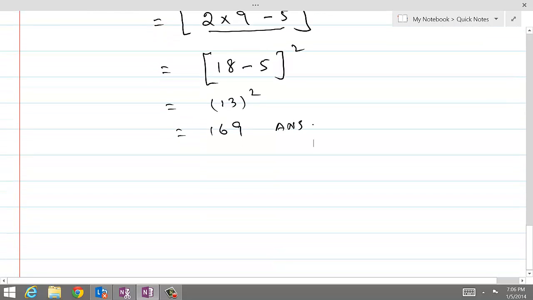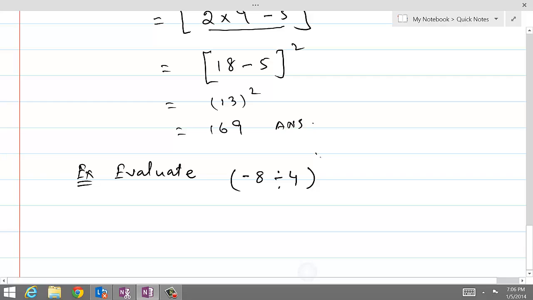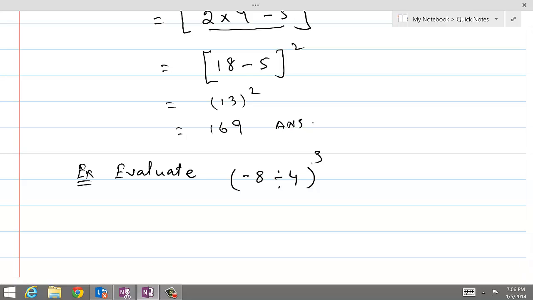Now we do another question, and in this question we are going to evaluate (minus 8 divided by 4) power 3. Here again in the word BADMAS, brackets come first and then the exponent. So whatever is inside the bracket must be calculated first.